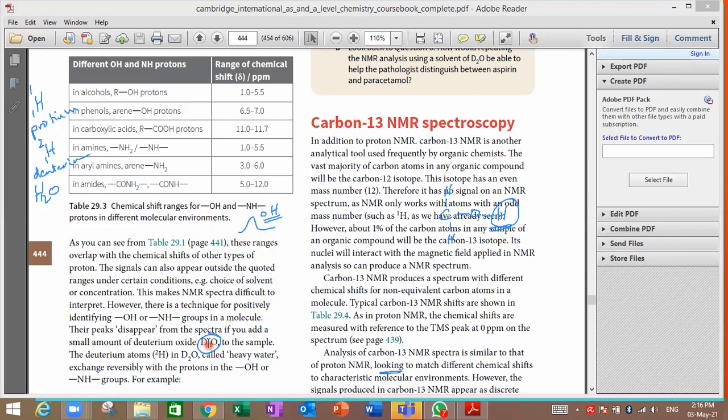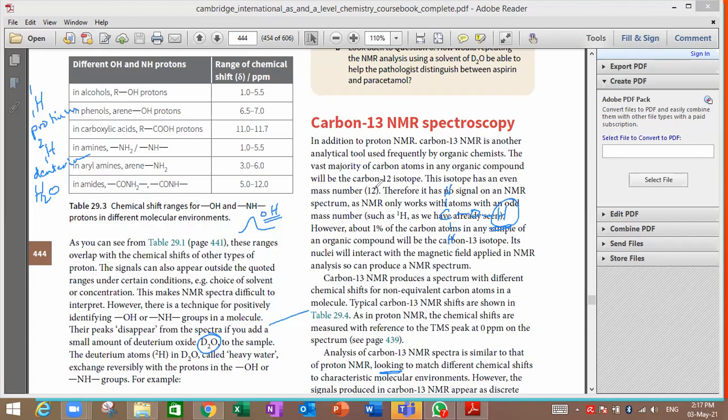But if we repeat the NMR spectrum in deuterium oxide, we will find that this peak will not appear. It will disappear. And this will make us sure that this peak was of an OH or an NH and not of a carbon hydrogen. Okay.